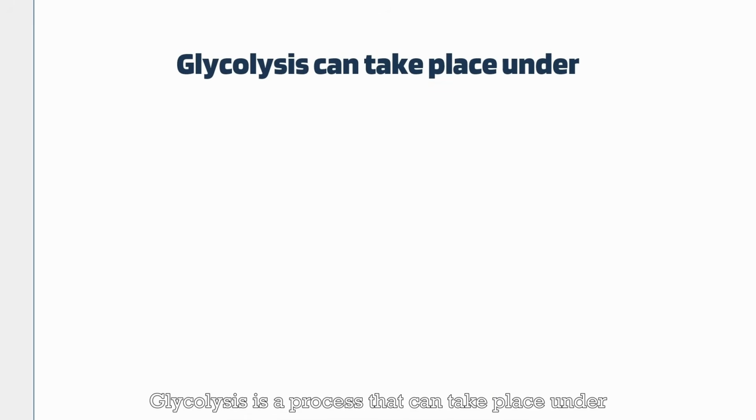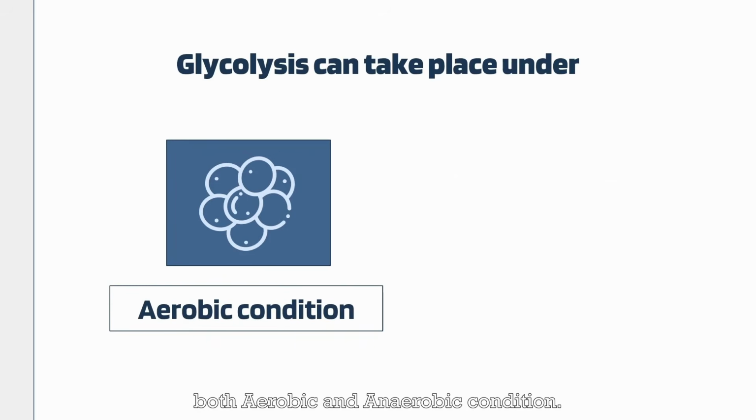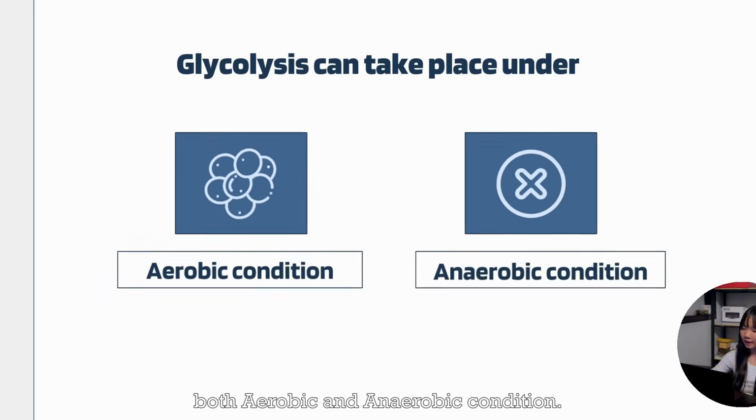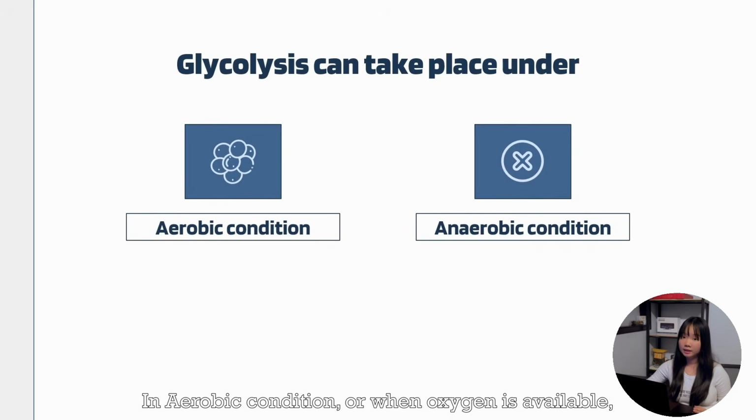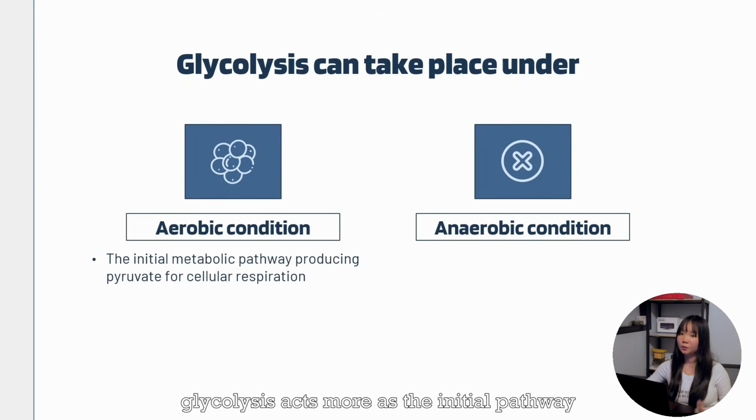Glycolysis is a process that can take place under both aerobic and anaerobic conditions. In aerobic conditions, or when oxygen is available, glycolysis acts more as the initial pathway to produce pyruvate, a substance that is very crucial for the process of cellular respiration, which can only occur in the presence of oxygen.